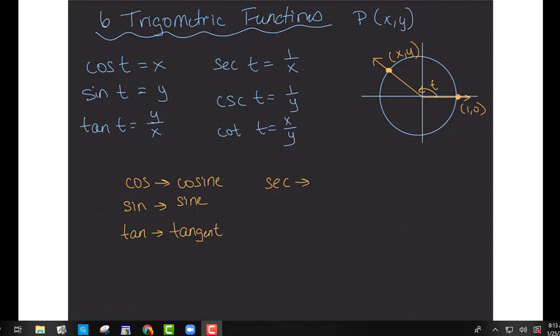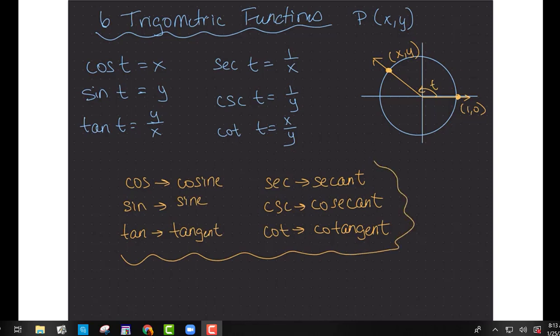They rule. Sorry. That's secant. CSC is cosecant. Somebody took a lot of time to come up with these names. And COT is cotangent. You guys good?